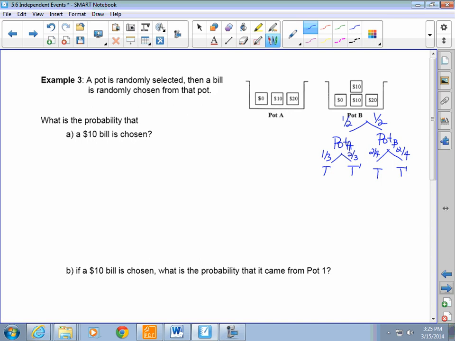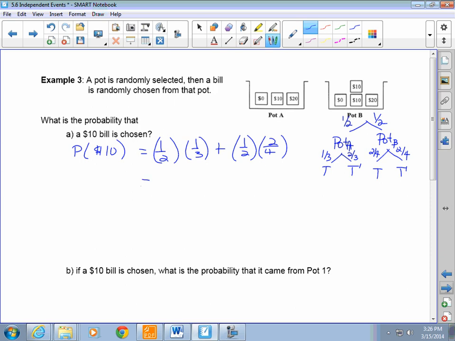So what is the probability that a $10 bill is chosen? I have to pick a $10 bill, and it's just saying one, from A or B. So the probability of it coming from A: there's a 1 in 2 chance I'm picking pot A, and if I pick pot A, there's a 1/3 chance I'm going to get that $10 bill. Or I could pick pot B. If I pick pot B, that's a 1/2 chance, and I have a 2 out of 4 chance of selecting the $10 bill.